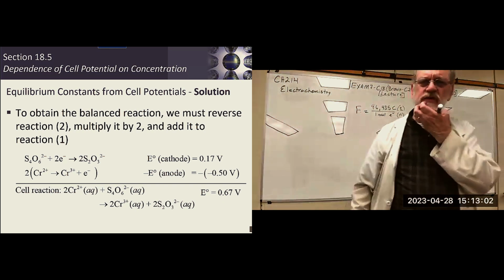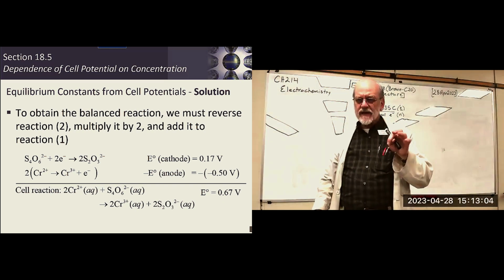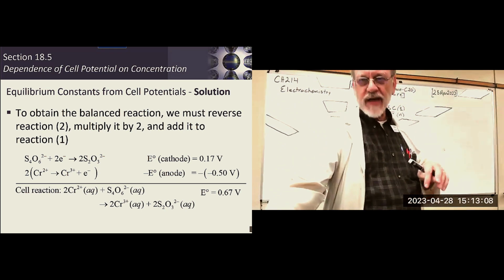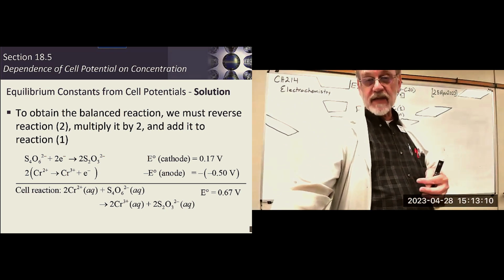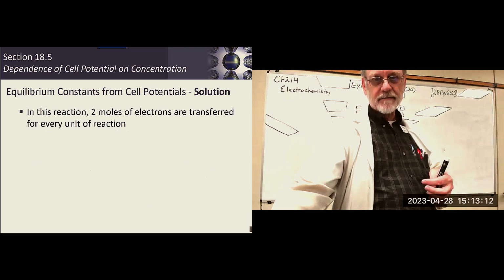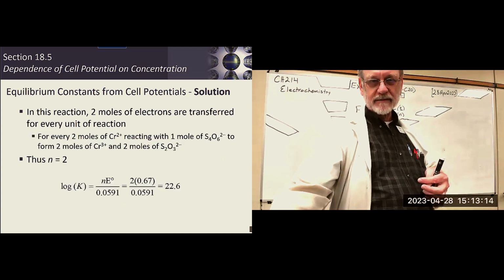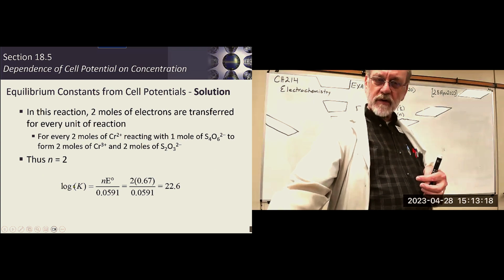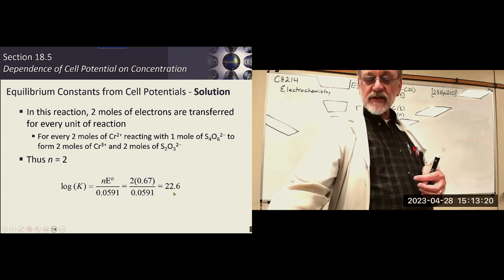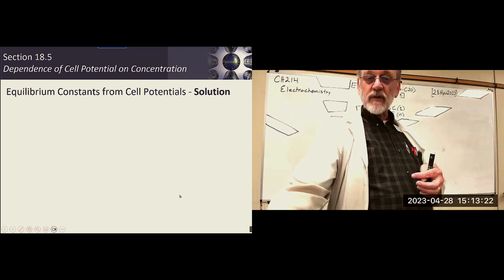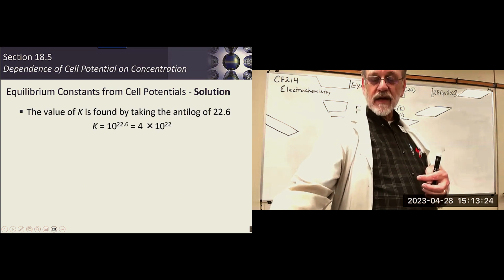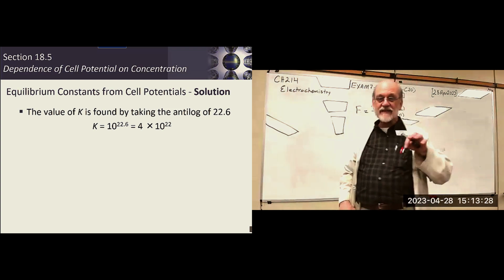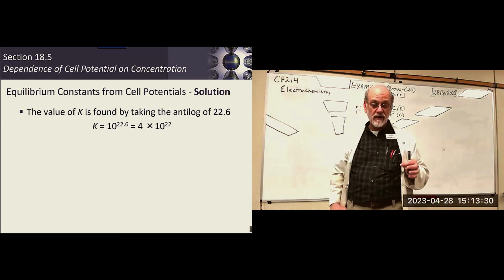And since we're using K, we don't have to calculate any Q value. Well, in fact, we're not given the information to do that anyway. So we plug in our values and solve for K. That's log K, 22.6, and then we solve for K. And we find that the K for this reaction is 4 times 10 to the 22nd power.